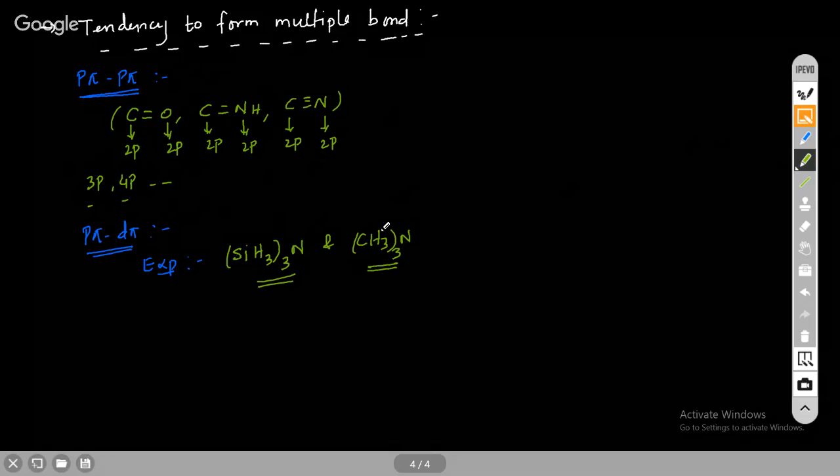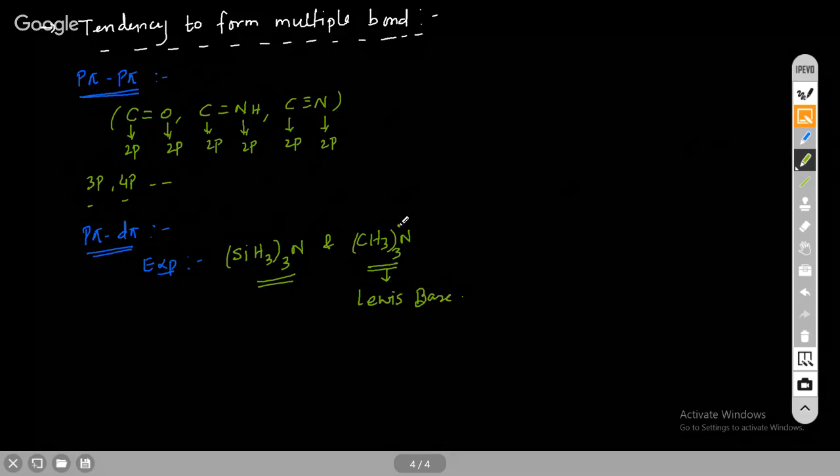Which one is more basic of these two? What kind of base is this? This is a Lewis base, an electron pair donor.